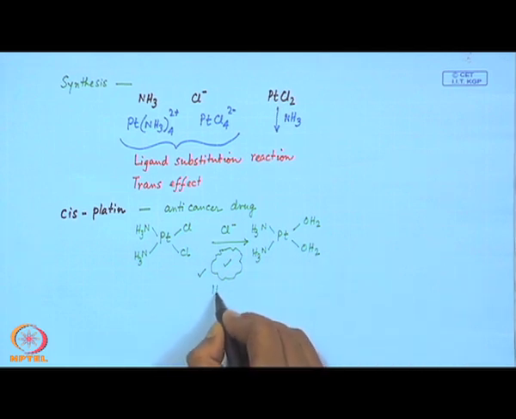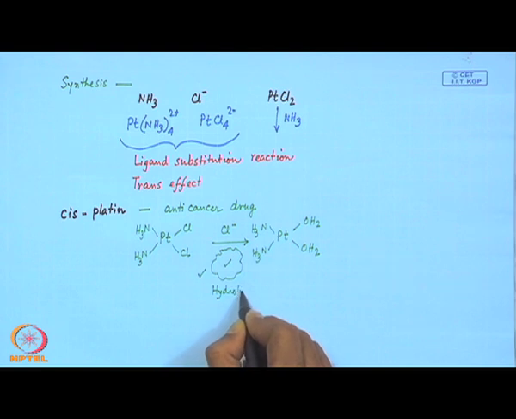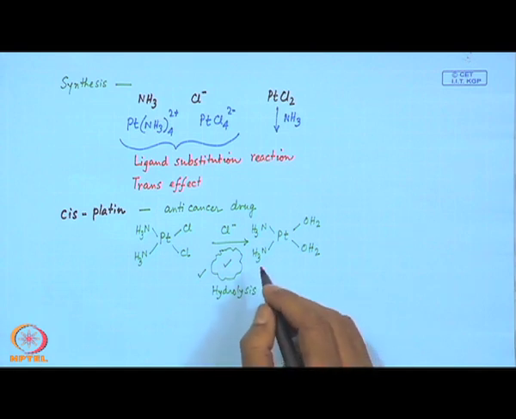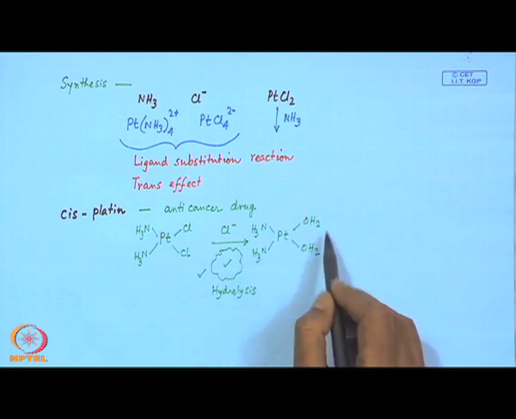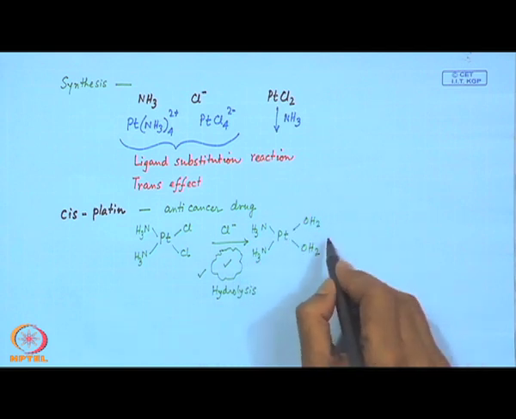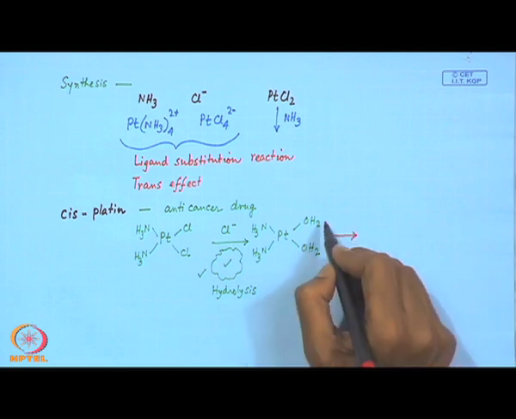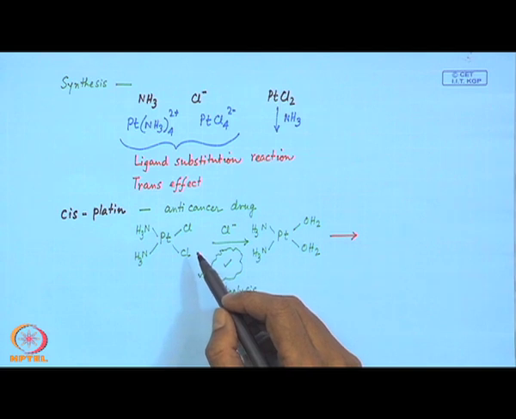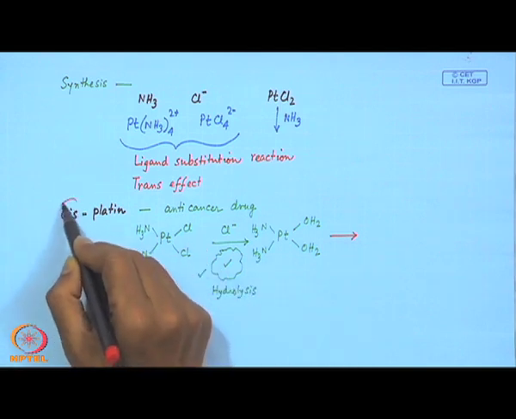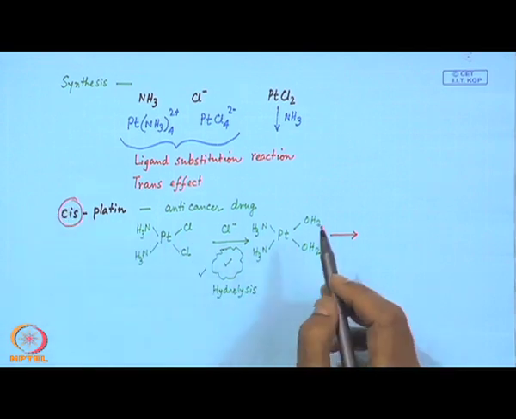So, this is the hydrolysis reaction, and this hydrolysis depends on the chloride concentration. When the chloride concentration is less, it can go for hydrolysis, and then it can go for ligand substitution reaction. So, that is the basic activity of this anti-cancer drug, of only this isomer, which is the cis isomer.